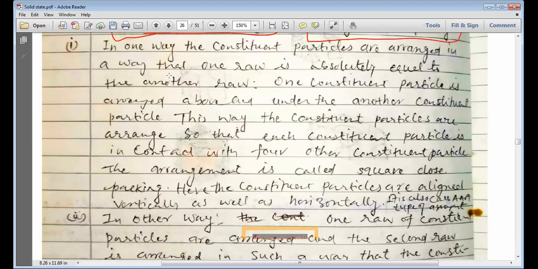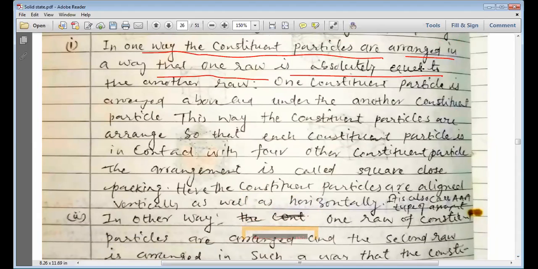In one way, constituent particles are arranged in such a way that one row is absolutely equal to the other row. One constituent particle is arranged above and under another constituent particle.